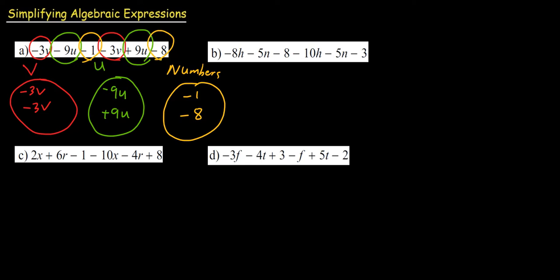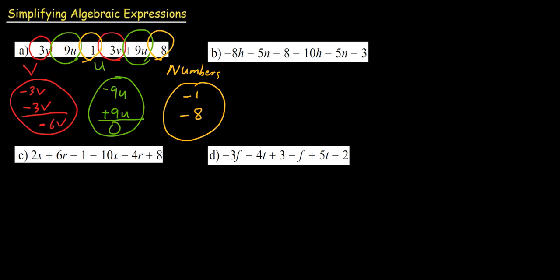Okay, so if we add those together, negative 3v plus negative 3v is negative 6v. We've got negative 9u plus a positive 9u.